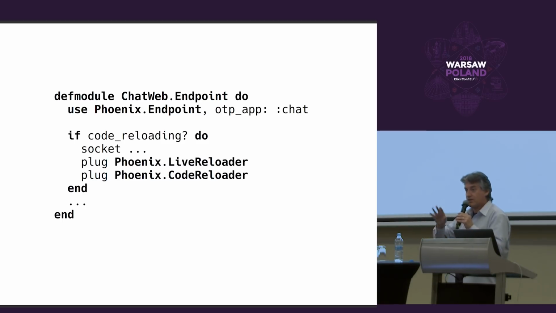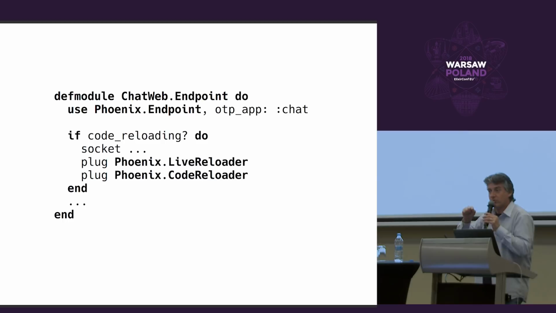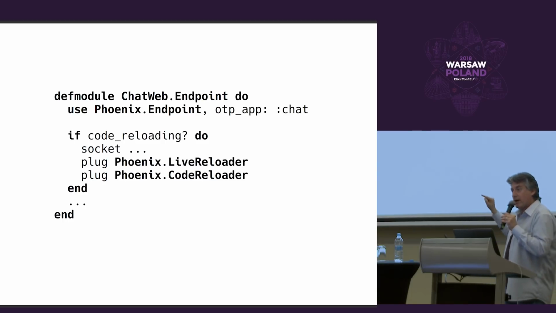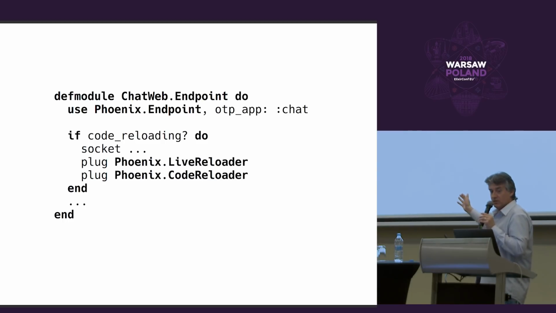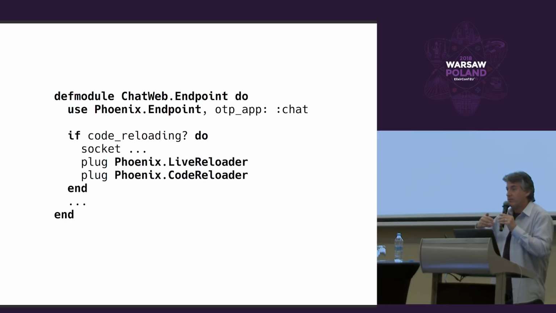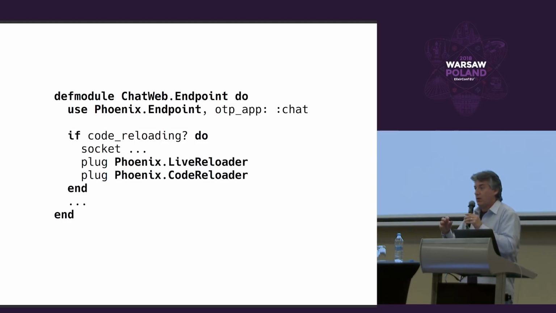Okay, but elixirc evaluates the code. So that's why you can put a conditional in the body of the module. So since the configuration is already loaded at compile time, and this applies to this file and applies to your own files, at compile time you can check configuration if you need to. All right? If you have the files compiled and you change the configuration, Elixir knows that it has to recompile.